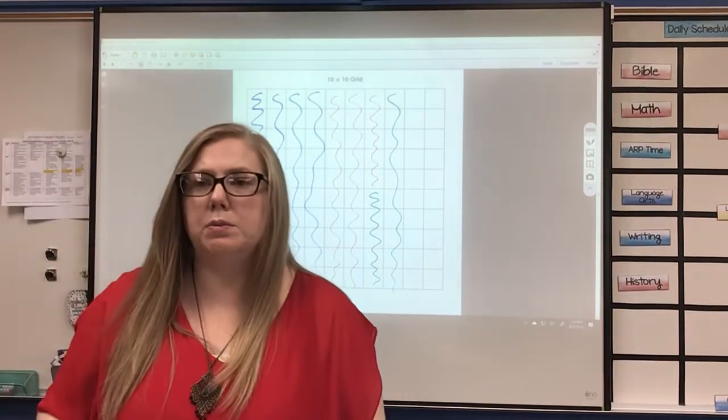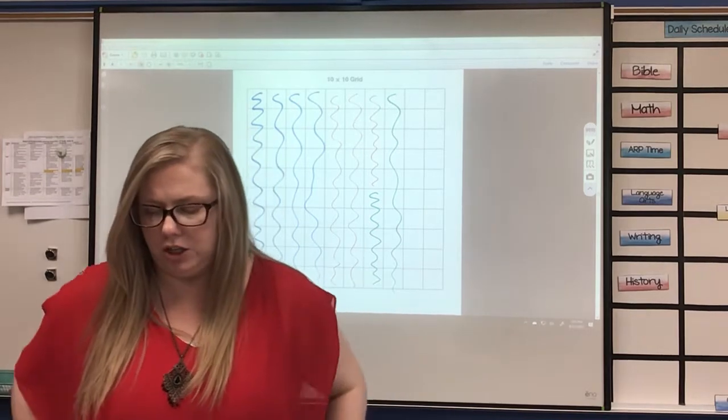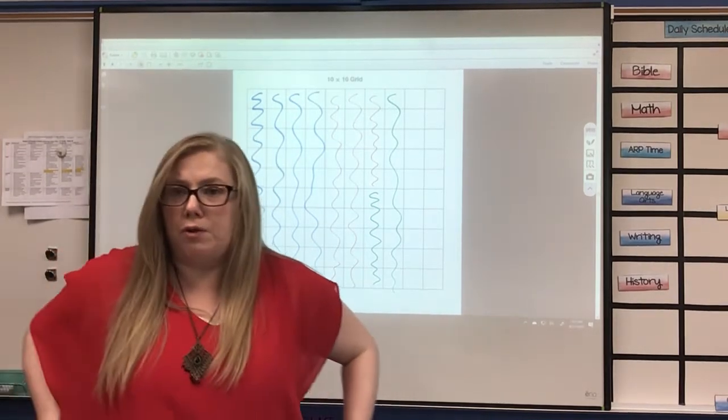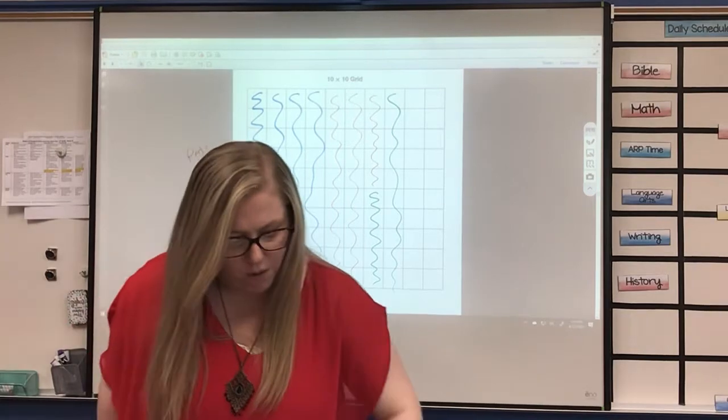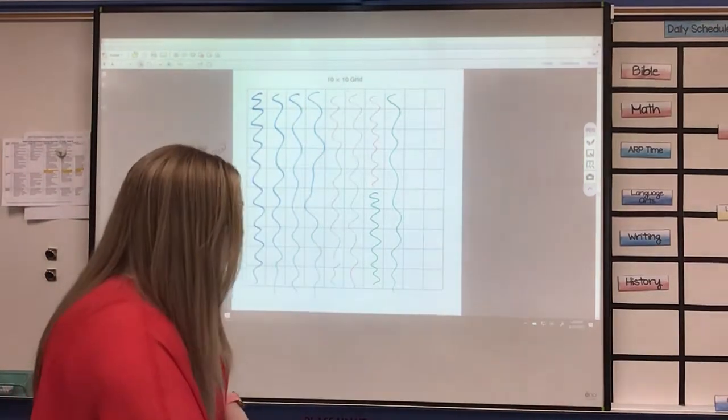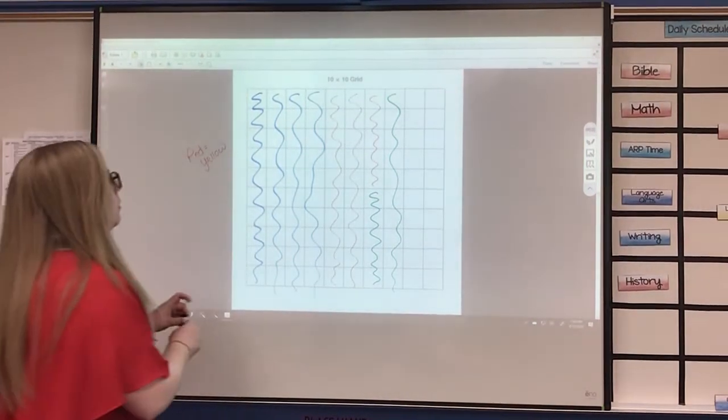It's very simple to now take that and make percentages. Really, I just take 40 and I add a percent sign, which makes it 40%.